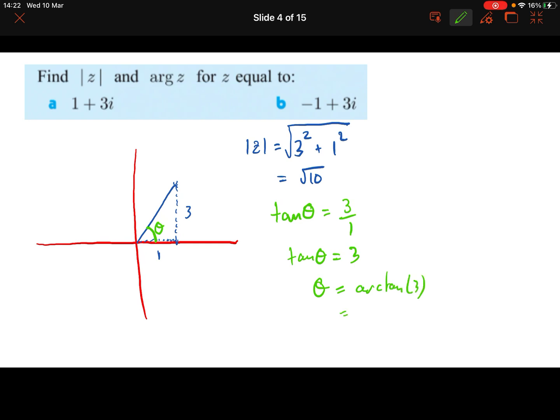I'll just use a calculator to work out what that is. Shift tan to the minus 1 of 3, and make sure you're working in radians. Most of the time we work in radians. That is 1.25 radians to 3 significant figures. Okay, so there is the argument of that angle as well.